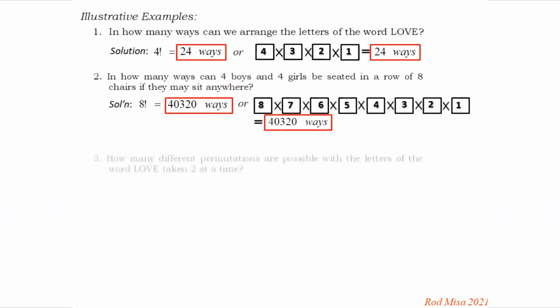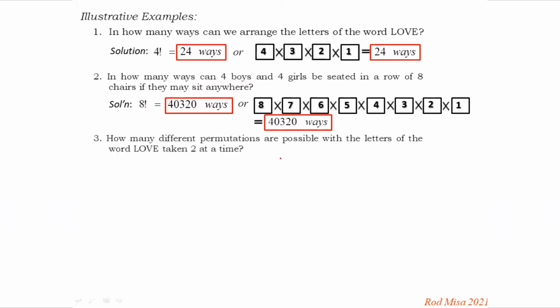Now let's proceed to our third problem. How many different permutations or arrangements are possible with the letters of the word love taken 2 at a time? So in this problem, we are taking 2 letters at a time from the word love. So it's a different problem from the first problem because in the first problem, we are arranging all the letters at a time, meaning you are taking all of them when you arrange the letters.